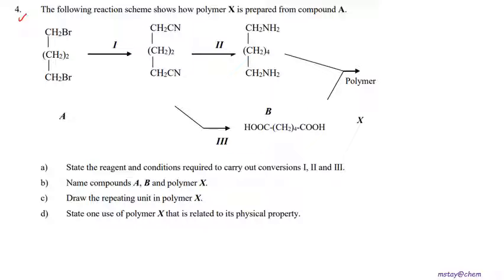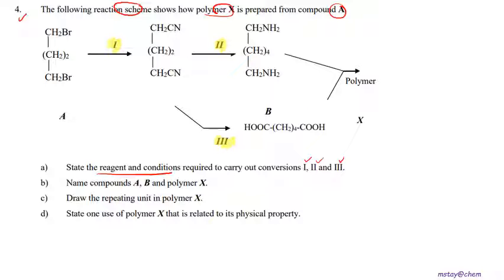Okay, proceed to question number 4. This is the reaction scheme to show polymer X prepared from compound A. So now we need to suggest the reagent and condition for the conversion of 1, 2, and 3. So 1, 2, 3 is over here. Okay, so let's start with conversion 1 first.